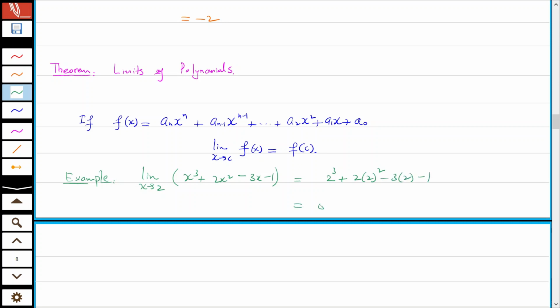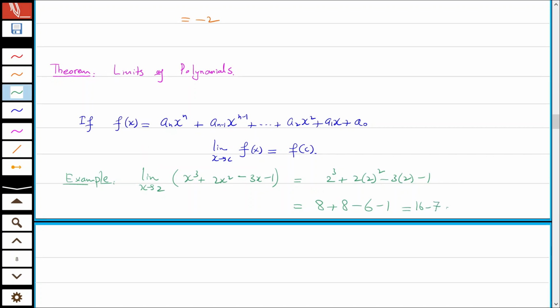This is 8 plus 8, minus 6, minus 1. This is 16 minus 7. We get a value of 9. So if it's a polynomial, you can simply replace every x by c, the value that x is approaching.